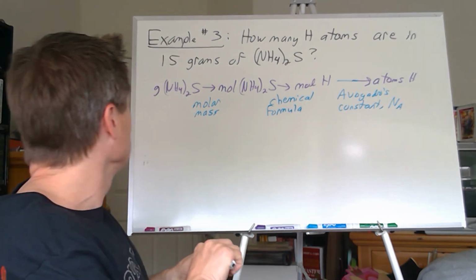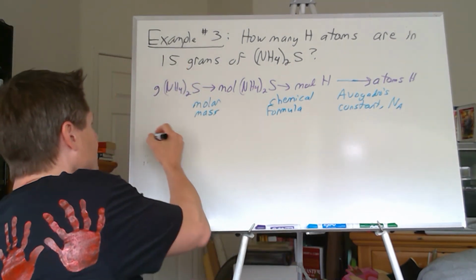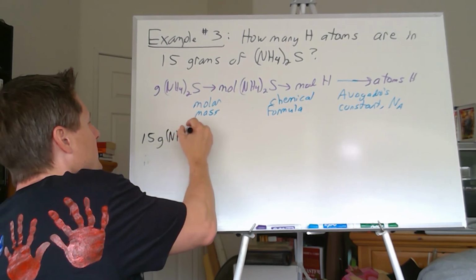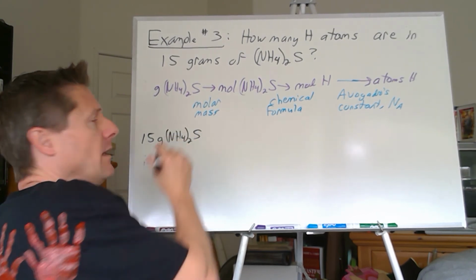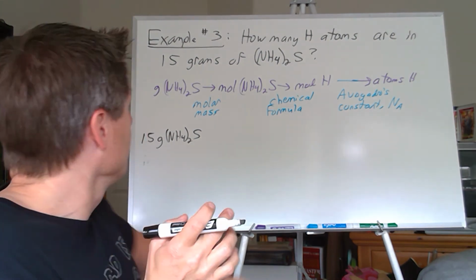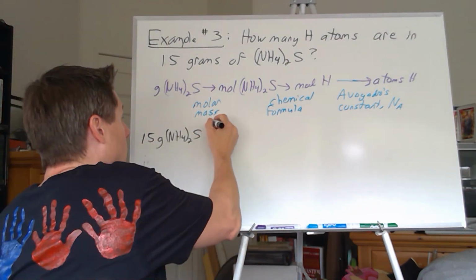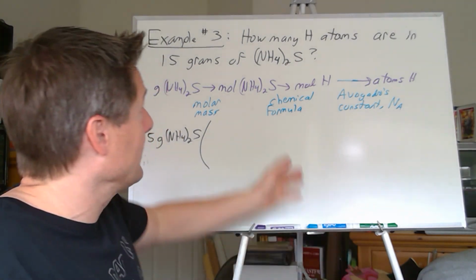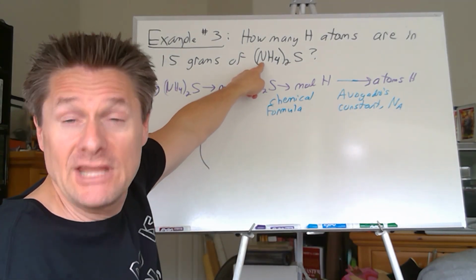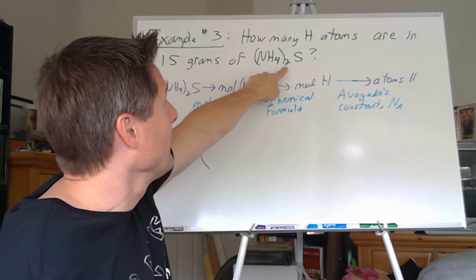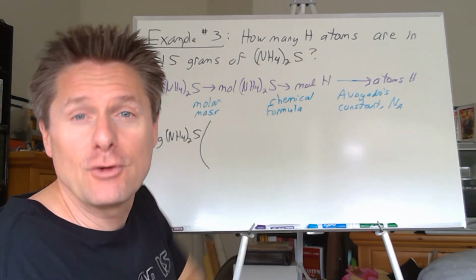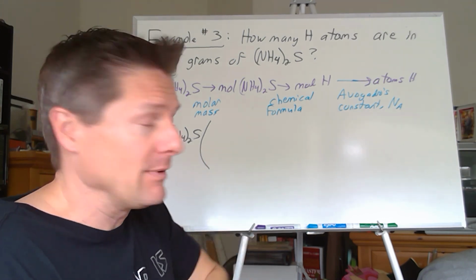Let's do it. How many grams we got? 15? We got 15 grams of our starting material. Let's go to moles. Now, we already calculated the molar mass earlier, so let's just do it again. Again, it's just 2 times 14.0067 plus 8 times 1.00794 plus 1 times 32.066, limited to 3 decimal places.